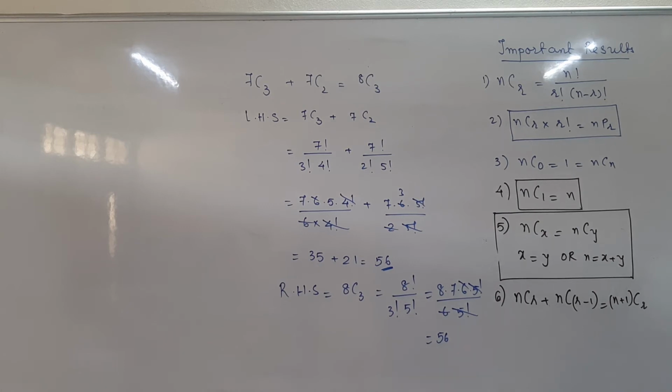The first sum. In that way we are going to apply property number 5. If NC8 is equal to NC2, then find the value of NC2. Okay students.